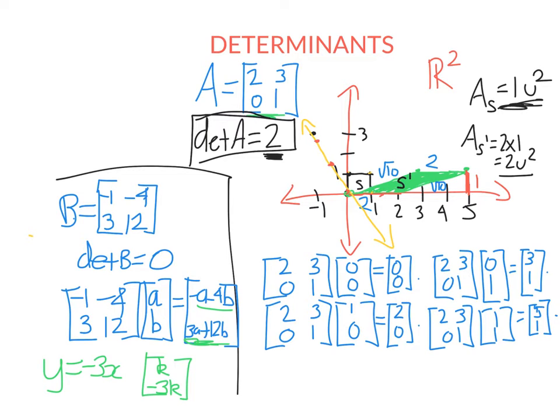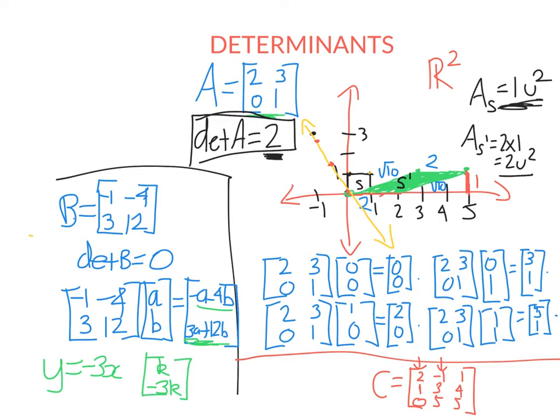That's what happens when you have a matrix with determinant 0. It takes a higher dimensional object, like a square, 2 dimensions, and moves it to a lower dimensional object, in this case a line. It's the same with this matrix down the bottom here, C. It turns out if you were to go through and do row reduction, you would find that there are 2 linearly independent columns, but the third column is just the sum of the first 2 columns.